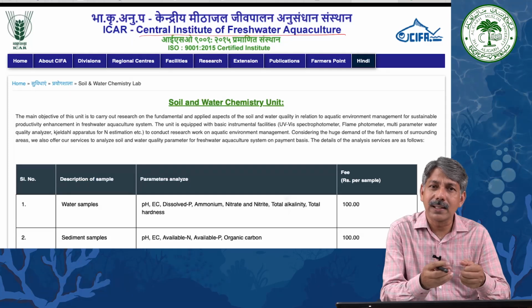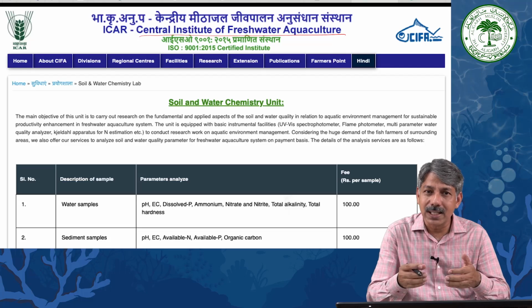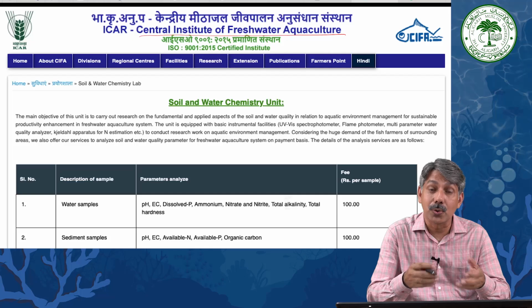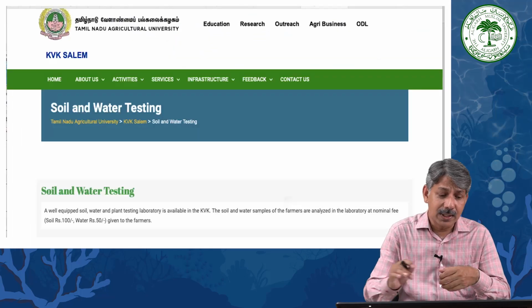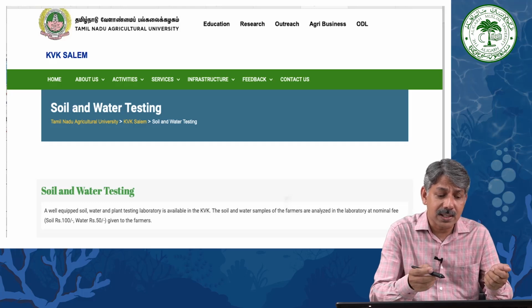Everything you will have to explain and then provide the water sample. They will not only do the job of analyzing the water sample and giving you the data, but they will interpret the data also, what it means, what you should do, how you should proceed. And I showed you one more, Tamil Nadu Agriculture University.